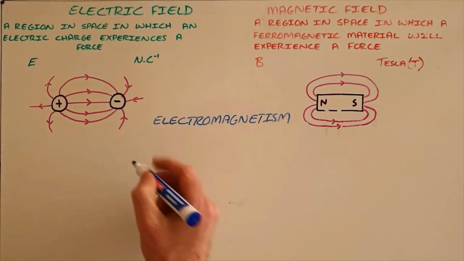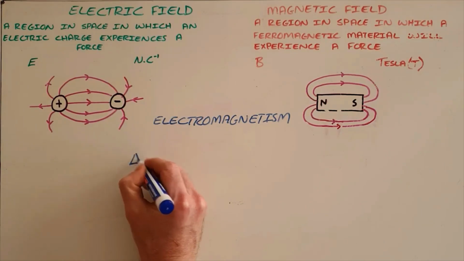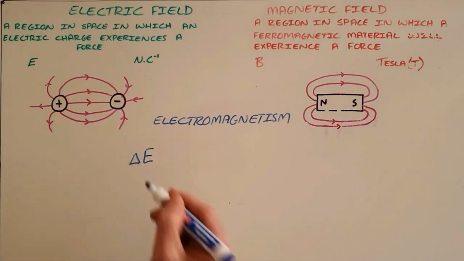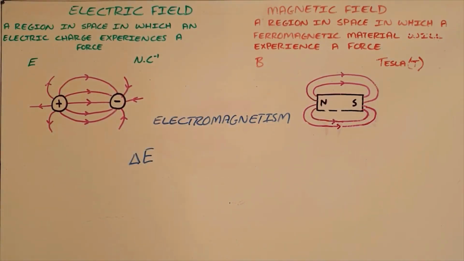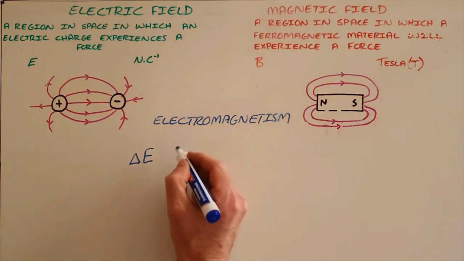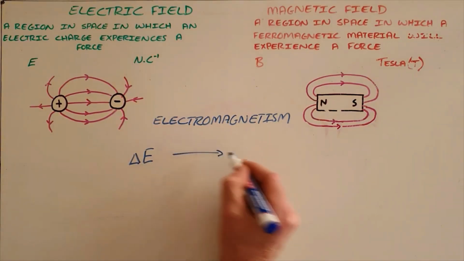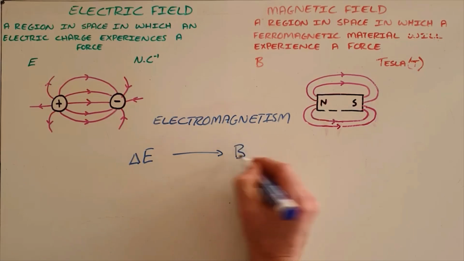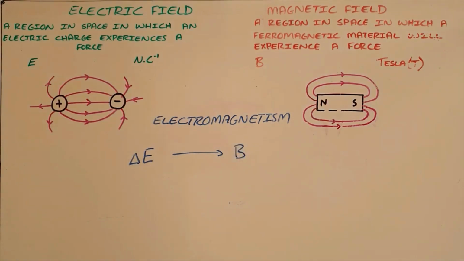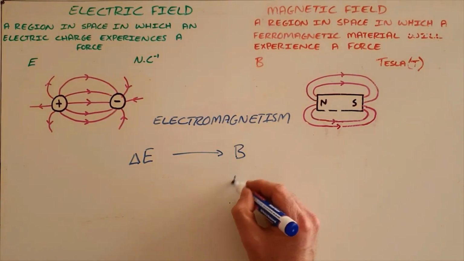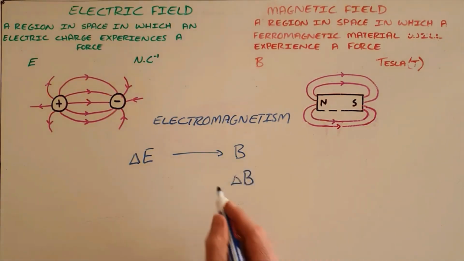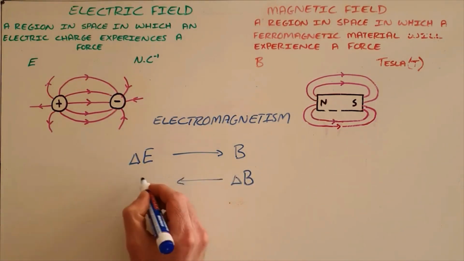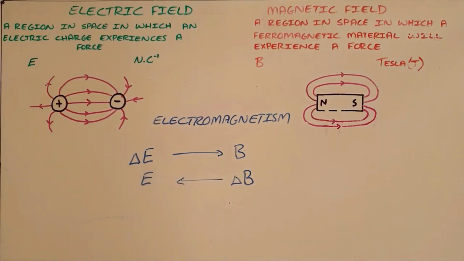When you have a changing electric field, so we use the Greek letter delta here to show that we have a changing electric field, that will automatically produce a magnetic field perpendicular to it. And that relation goes both ways, where a changing magnetic field would in turn produce an electric field.